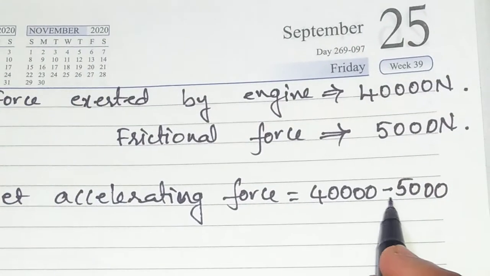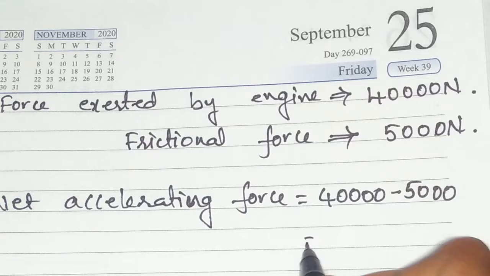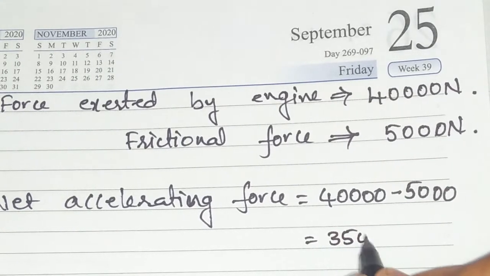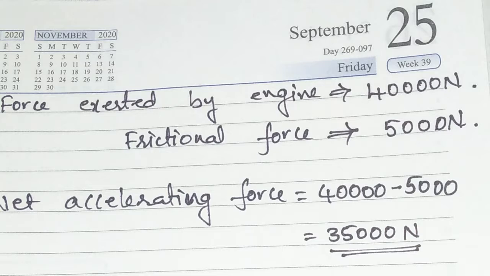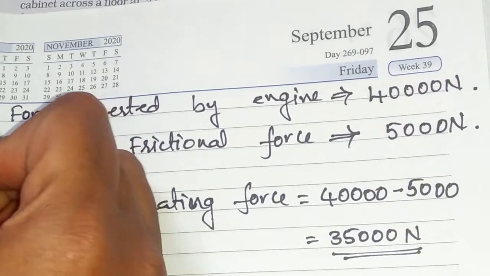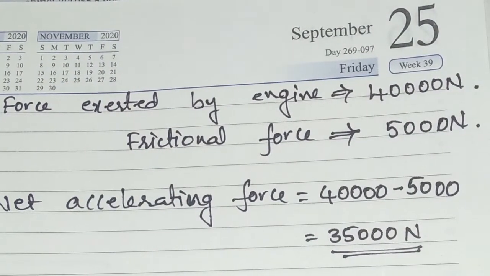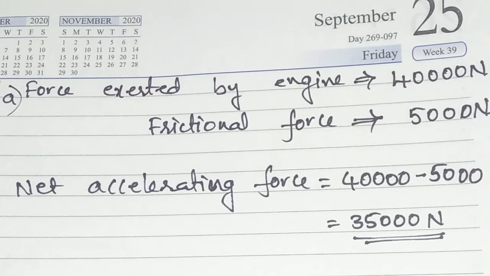Why are we writing minus here? Because it is in opposite direction. Okay. So how much are we getting here? 35,000 newtons. This is a net force which is applied on the train. So this is the answer for our first question, 35,000 newtons.